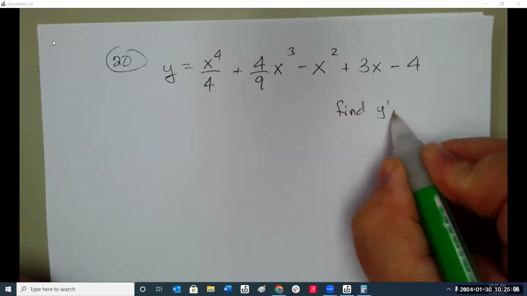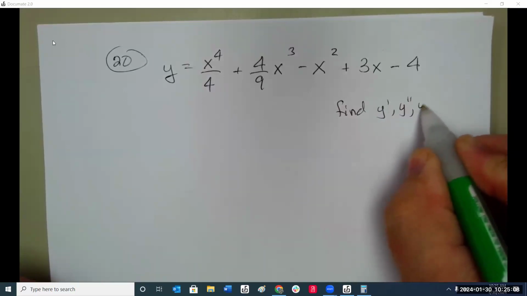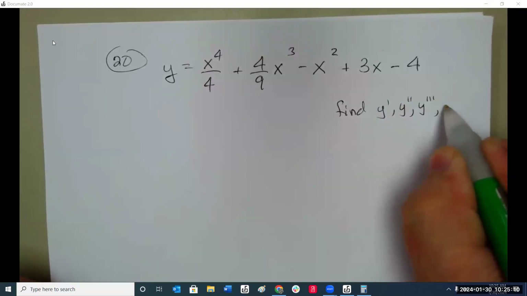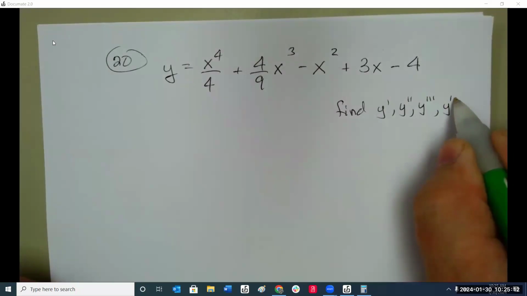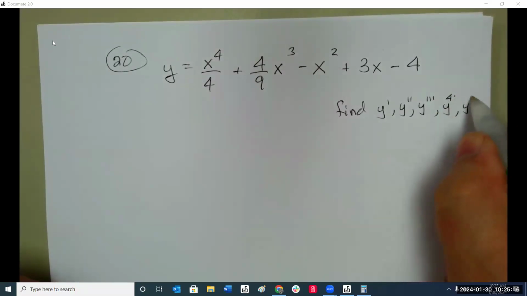Find y prime, y second prime, y third prime, y fourth prime, and y fifth prime.